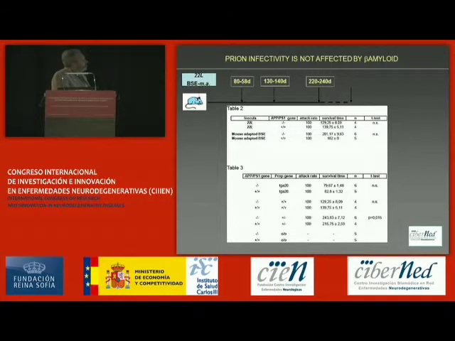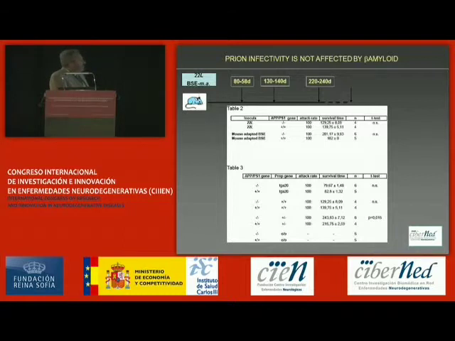And the second one was a bovine prion modified and adapted to the mouse brain. And in both cases, you can see that each strain has a specific survival time, but the presence of amyloid in the brain does not modify the survival in a statistically significant way. Again, with the bovine strain something similar happens and it's not statistically significant.